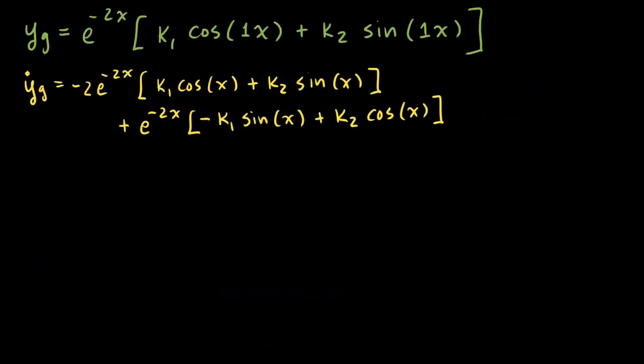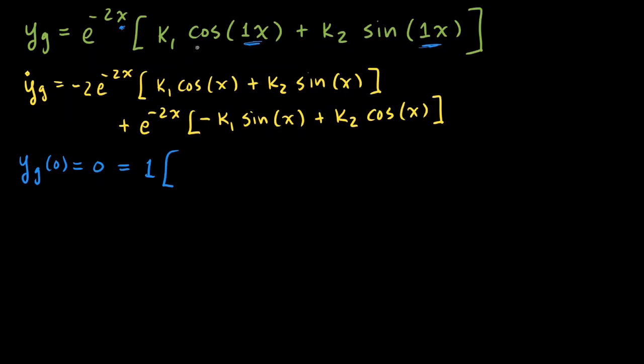Now I'm going to use my initial conditions to solve for what k1 and k2 are. First, we had the initial condition y of 0 equals 0. So I'm going to say y_g of 0 equals 0. To get that, I'm going to plug in zeros for the x terms in the general solution. So I'm going to plug a 0 in here, here, and here. e to the 0 power is just a 1, so I'll write that as a 1 just to show that it's there.